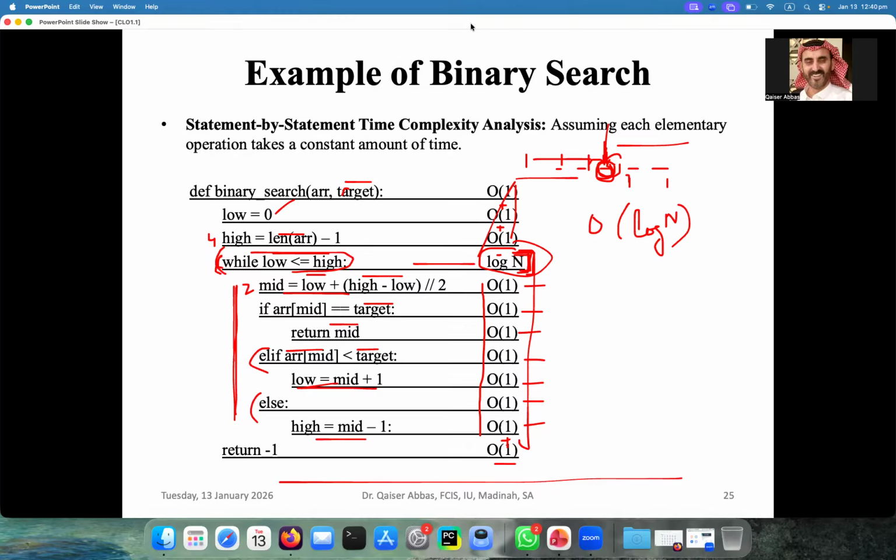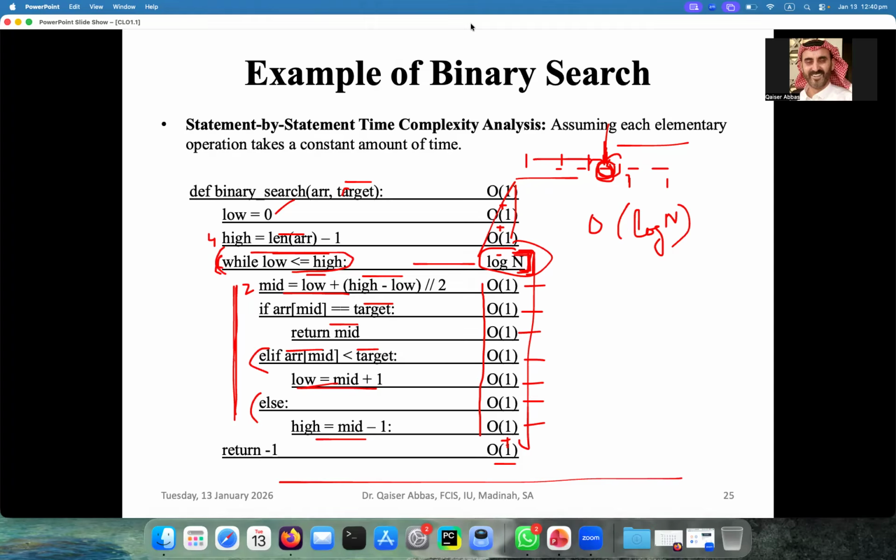So what this is doing is reducing my problem into half. That's why individually each statement is order of 1, 1, 1, 1, 1, individually. But block-wise, what is the complexity? Block-wise, it is reducing into half.